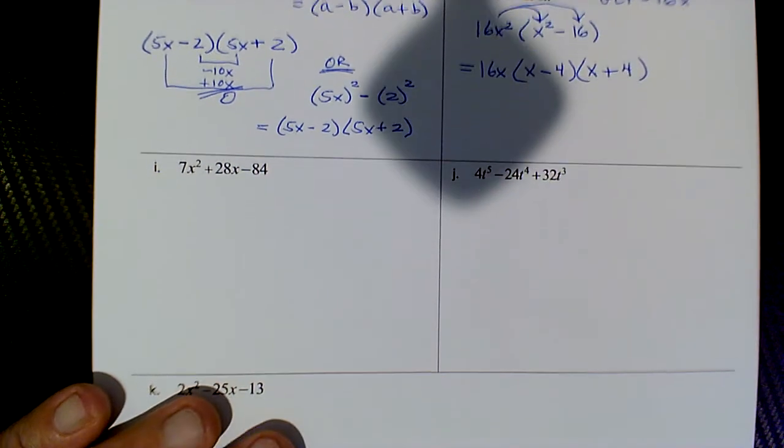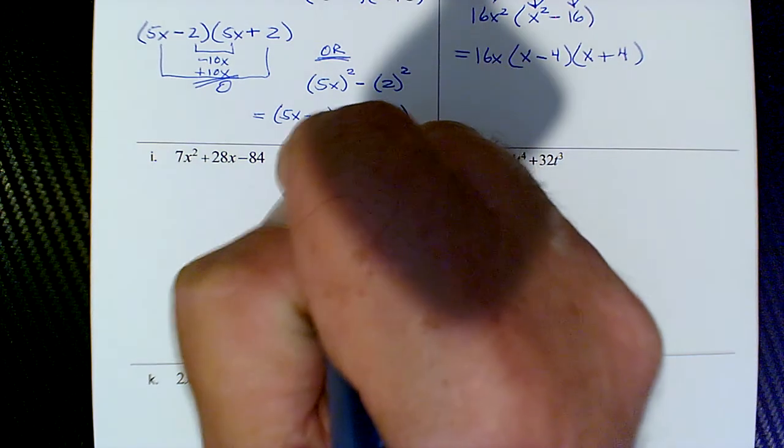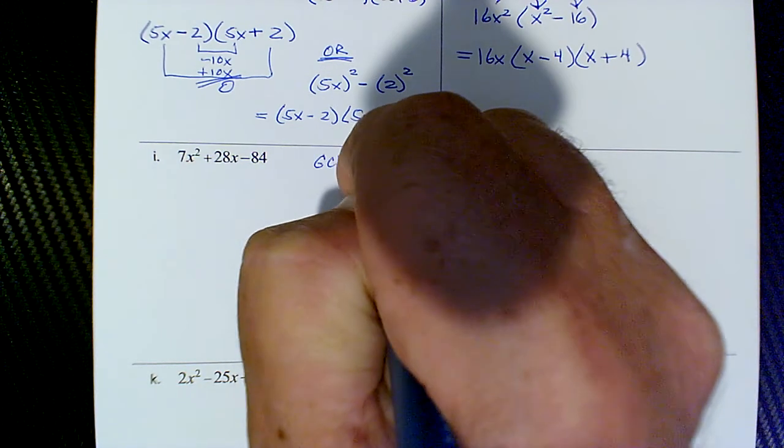Alright, continuing with letter I here. Looks like we've got a quadratic trinomial with leading coefficient of 7. So check for greatest common factor, and it is 7.